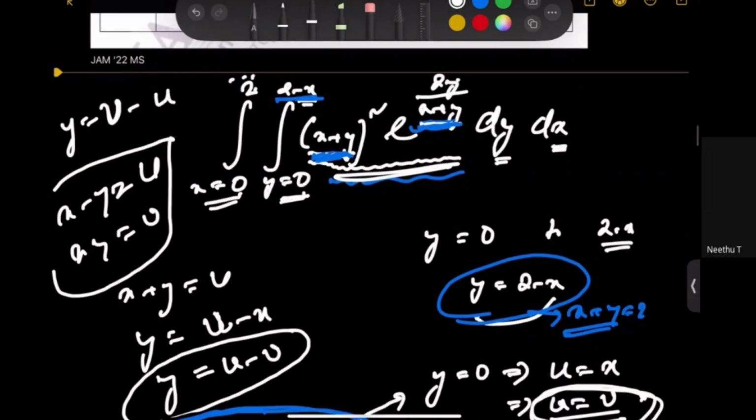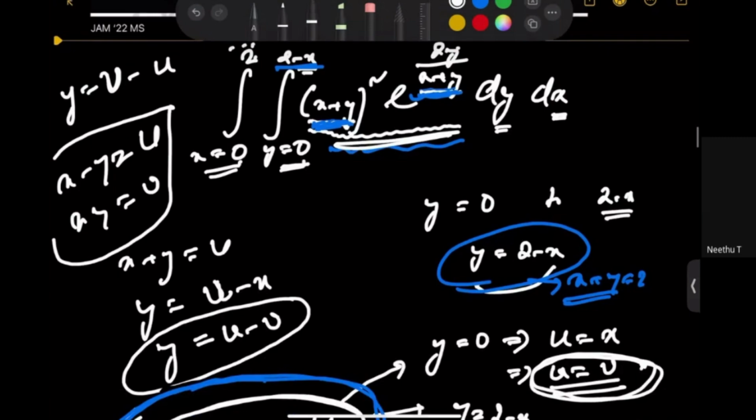It will all depend on the function and also on the limits given to you. It will depend on the problem. You just have to look at the problem and go ahead with the best possible substitution that you have at hand. Are you following? Okay, sir. So that is it.